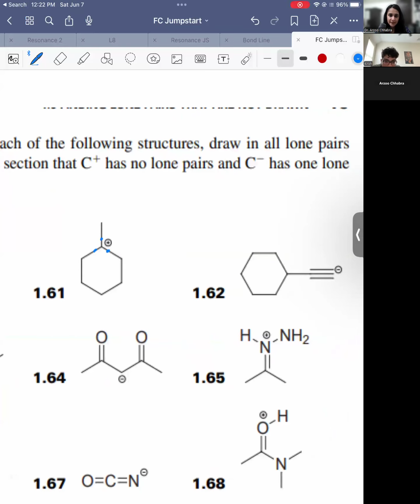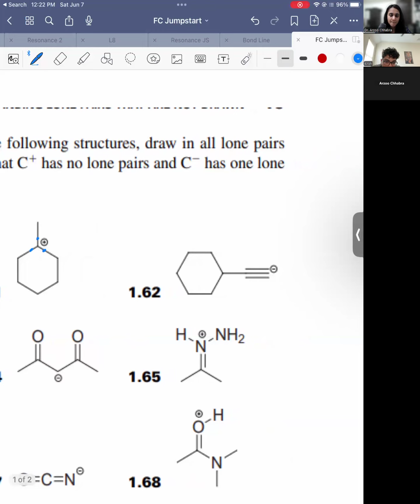Okay, what about 1.62? Does that have a lone pair? Yeah, it has 2 lone pairs. 1, 2, 3.